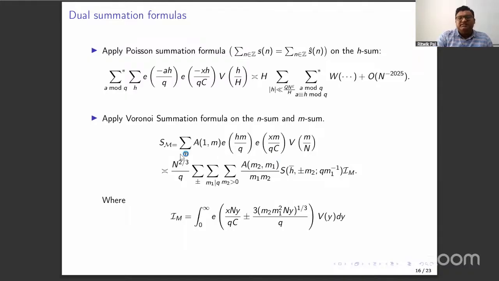For GL3, this is done by Miller-Schmid and Goldfeld-Li. Miller-Schmid also gives the recipe for the Voronoi summation formula for arbitrary GLN, and for arbitrary GLN there are basically n by 2 number of Voronoi summation formulas. So if you are looking for GL2 Voronoi summation formulas, it's a bit different from what is given here. Even the transformations will be a bit different. It's a little less complicated.